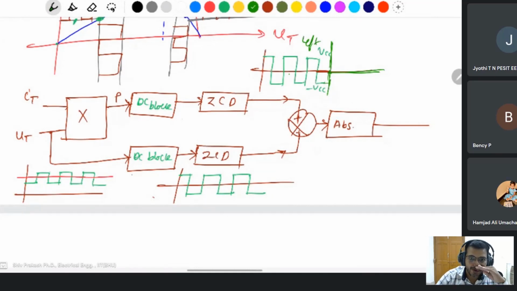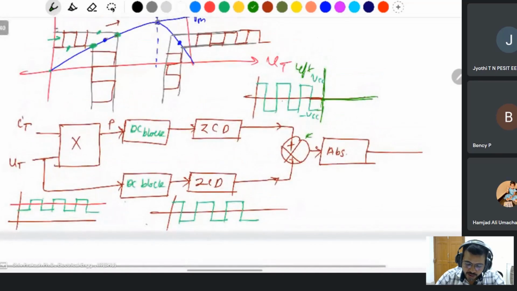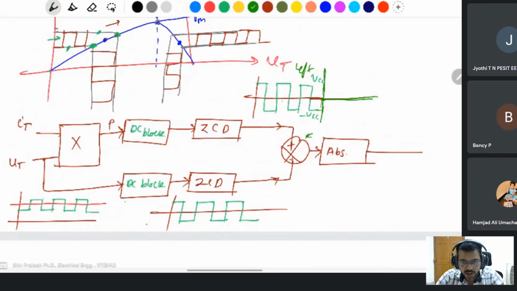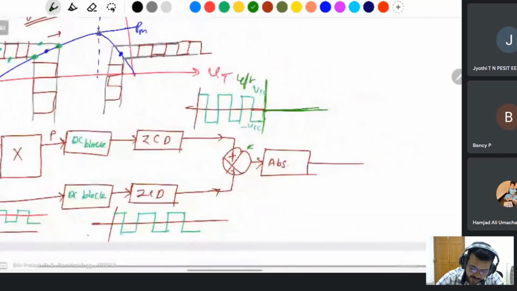If the pointer is left of the maximum power point, you will get the voltages, that's VCC and minus VCC. But on the right side, the pointer is right of the maximum power point, they are out of phase, so they cancel each other out, which means a 0 value is given on the right side.